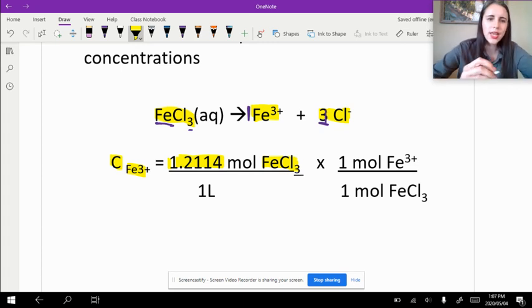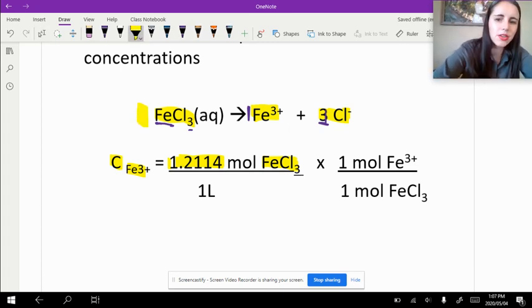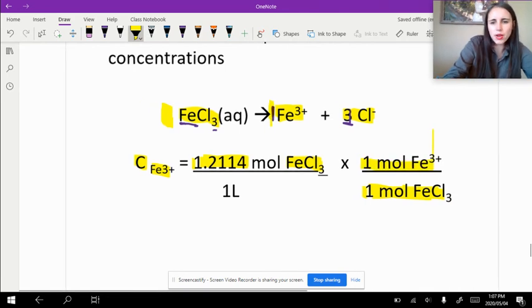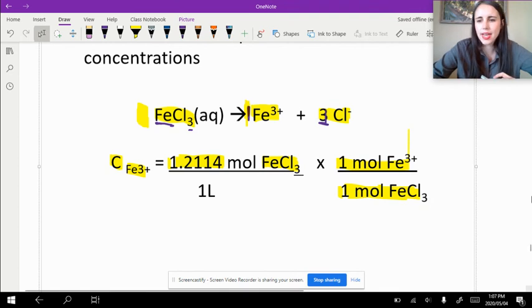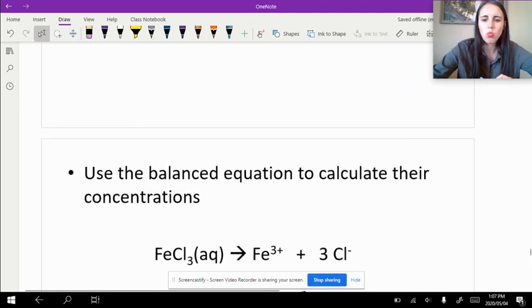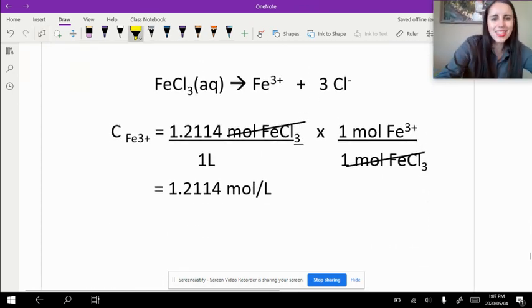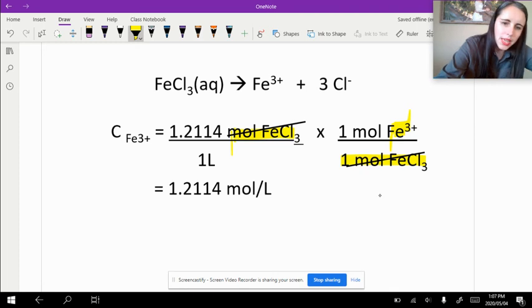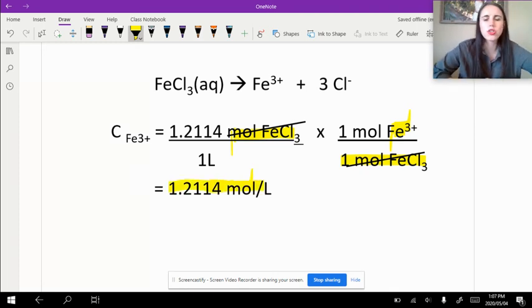In front of iron chloride I have a 1, and in front of iron I also have a 1. By setting up my ratio with iron chloride on the bottom and iron on the top, I can cancel out the iron chloride, which leaves me with the concentration of iron ions. Well, multiplying anything by 1 gives the exact same number, so my concentration of iron ions is the same as the concentration of iron chloride.